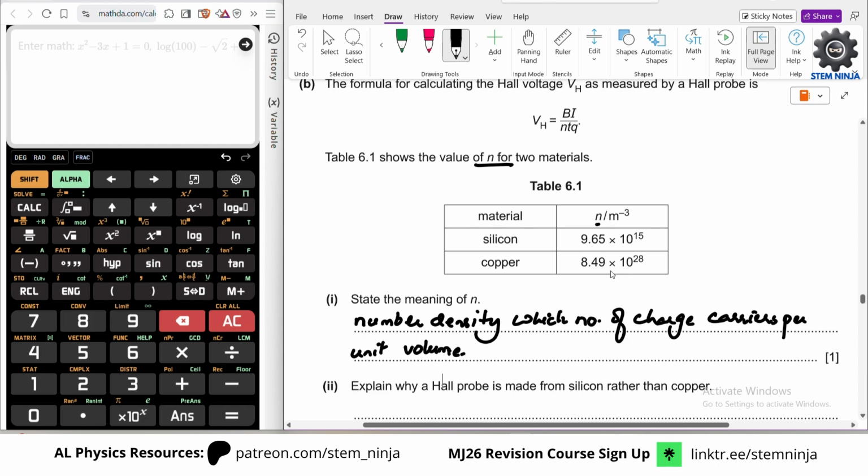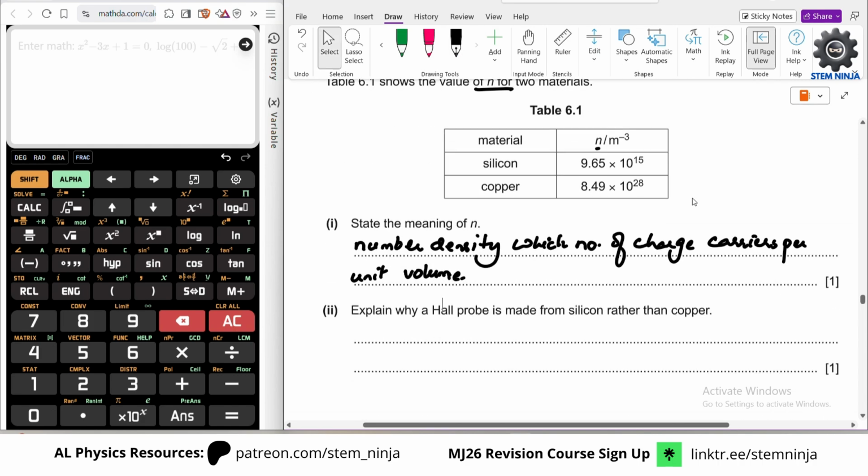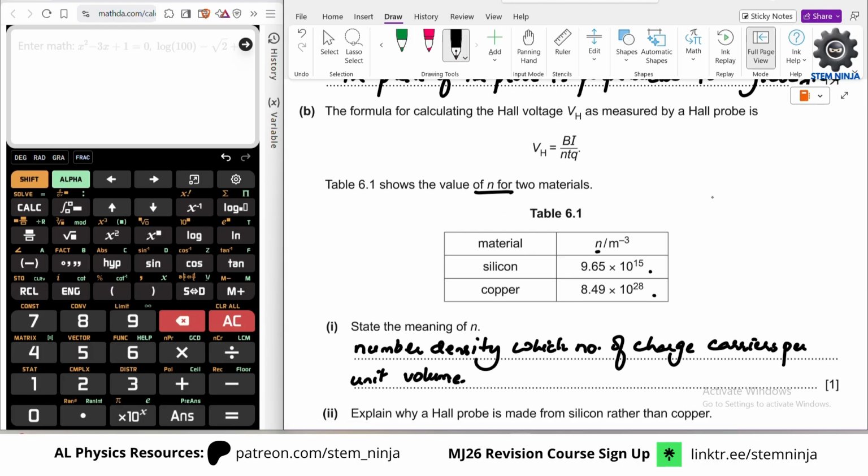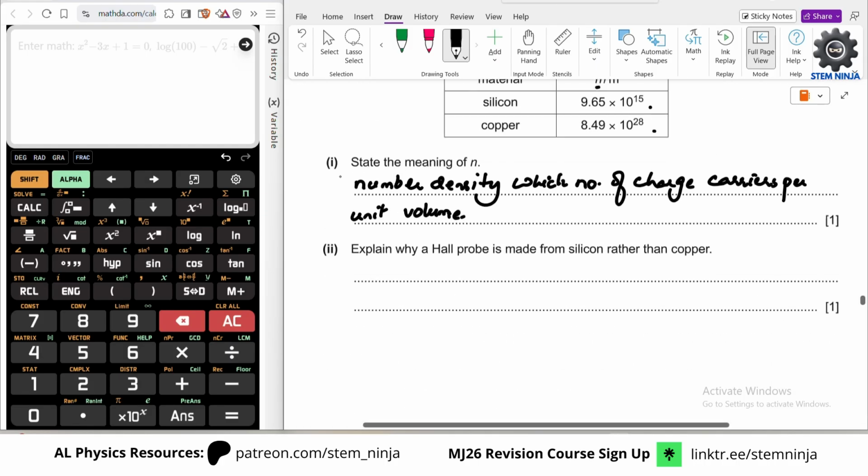Okay. Explain why a Hall probe is made from silicon rather than copper. So this is basically, you can see this from this. Hall voltage is inversely proportional to the number density. So the lower the number density, the higher the Hall voltage that will be registered.